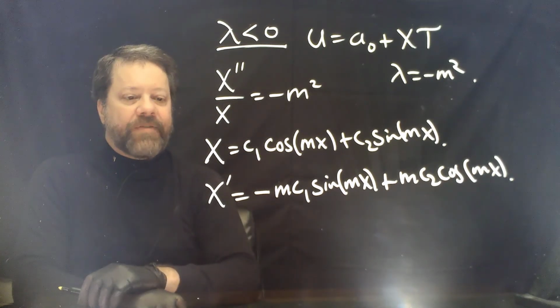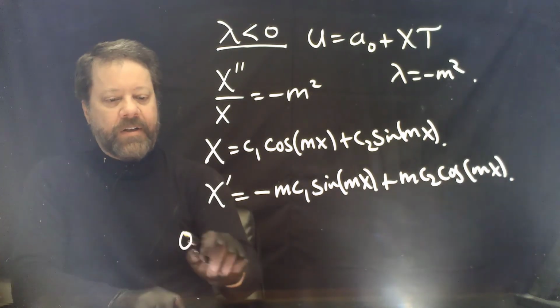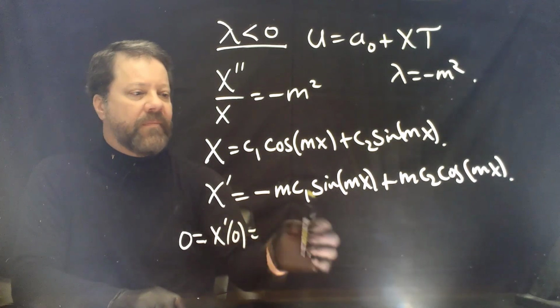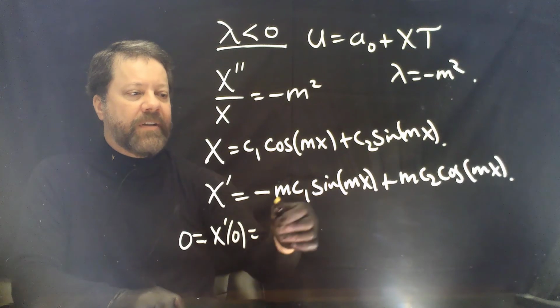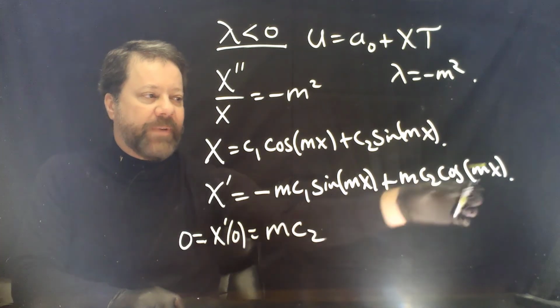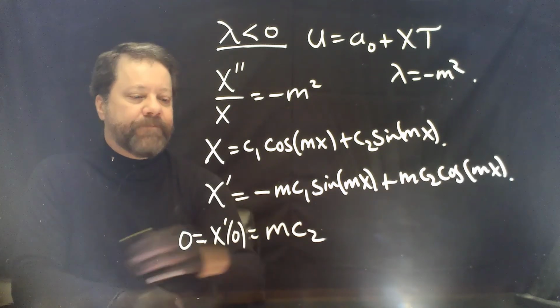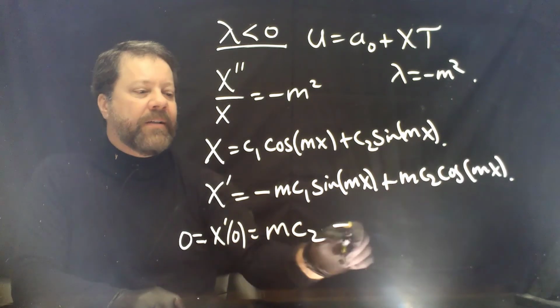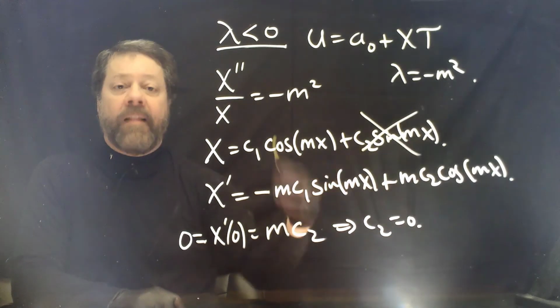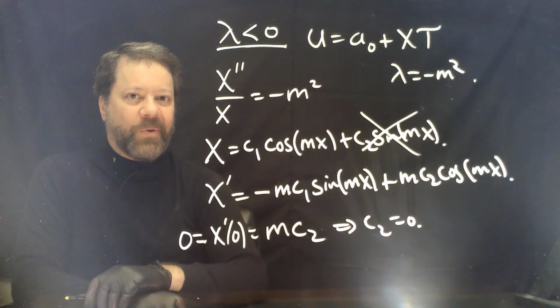Now we need to satisfy those Neumann boundary conditions. So 0 is going to be X prime of 0, and if you plug in 0, this goes away. We end up with m c2 because cosine of 0 is 1. M is not 0. So that implies c2 is 0. That term must go away.